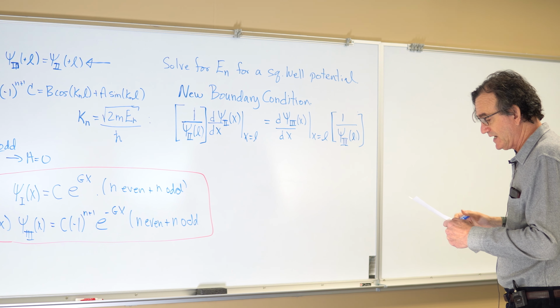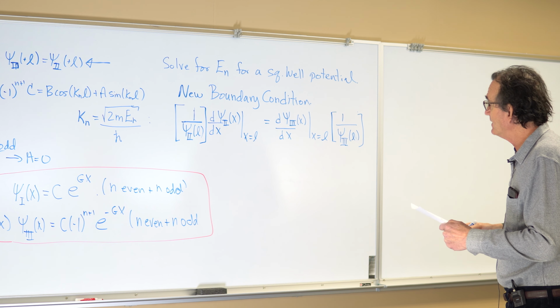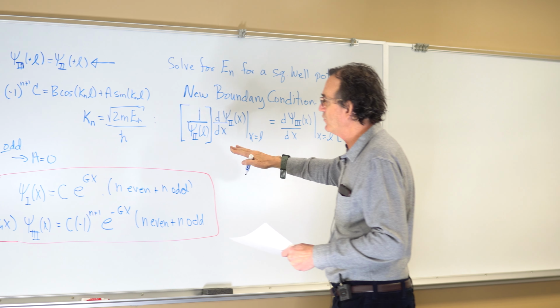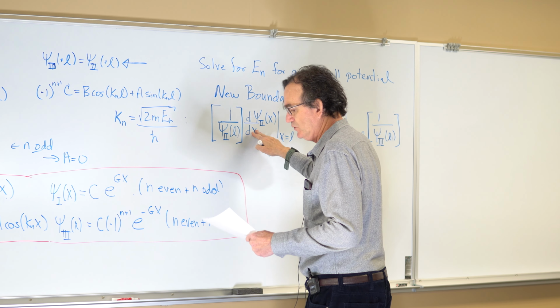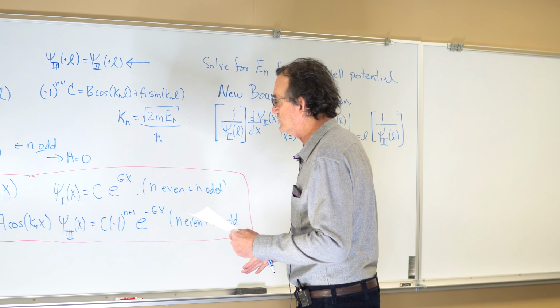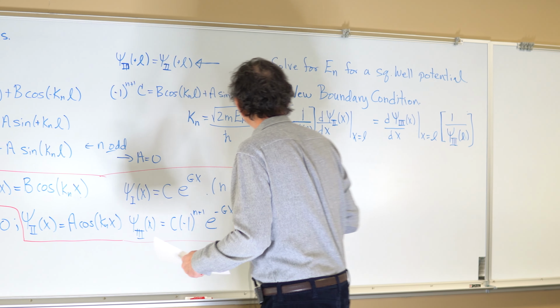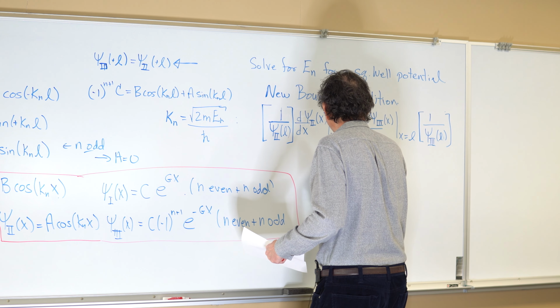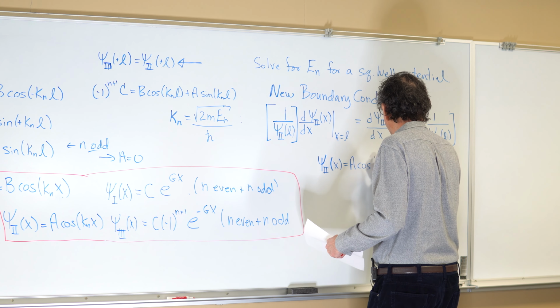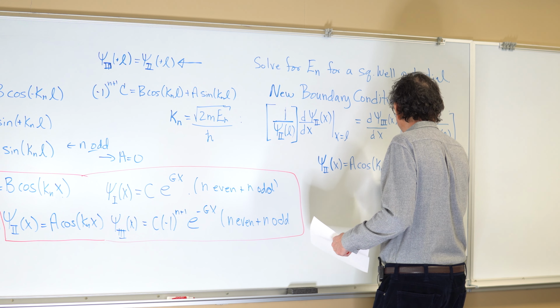The task that lies before you, should you so decide to do that, is that we have expressions for psi 2. Depending on whether even or odd, if I take the case first for n even, then I'm going to start off with psi 2 of x equal to a cosine of kx, right?